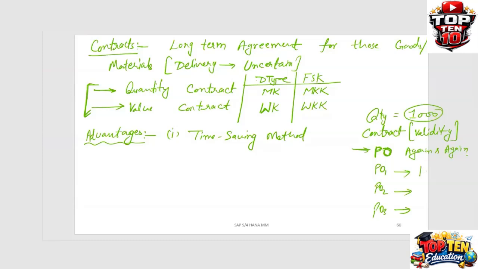We can create the first PO for 400 quantities, the second for 400, the third for 500, but then we cannot create a fourth purchase order. Combined, the purchase orders can be created only for the quantities mentioned in the contract itself. Okay, so first it is time saving. Second, it is a cost efficient method. Why cost efficient? I will tell you.